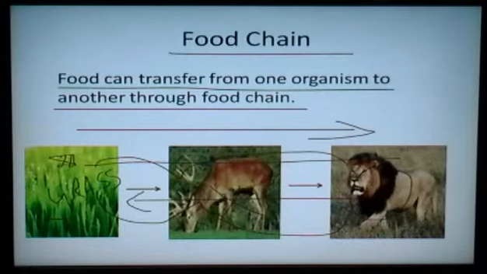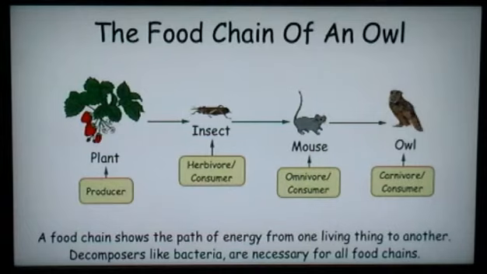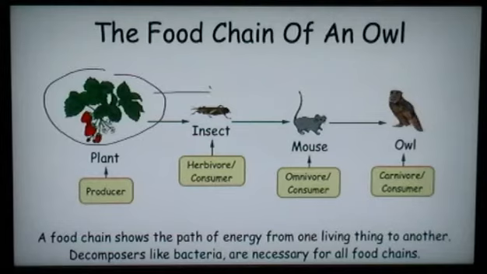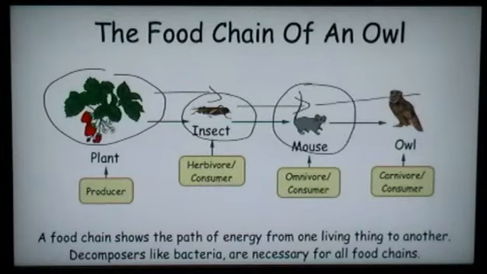Some other examples of the food chains are as follows. In the food chain on the screen, you see plant is eaten by the insect, and then insect is eaten by the mouse, and then mouse is eaten by the owl. So here the transfer of energy takes place from plants to insects, and then from insect to mouse, and then to owl.